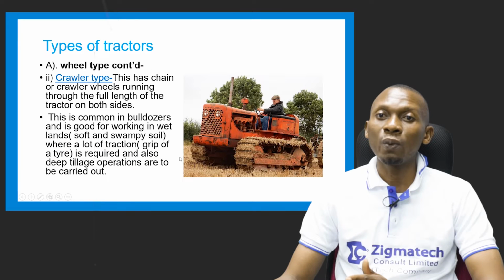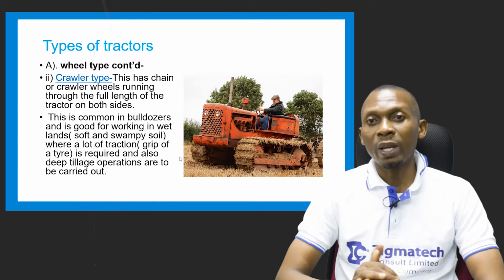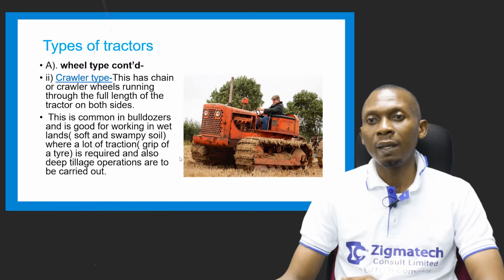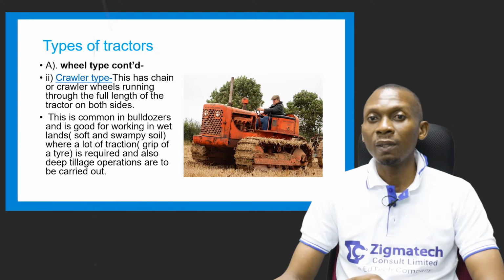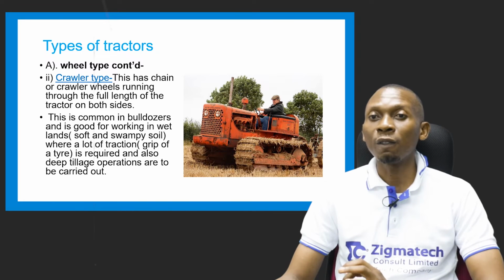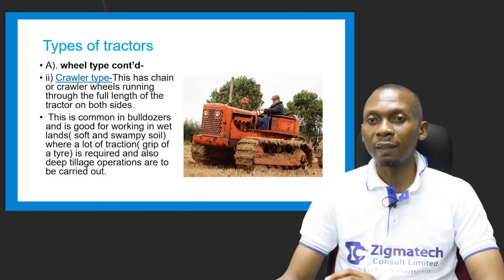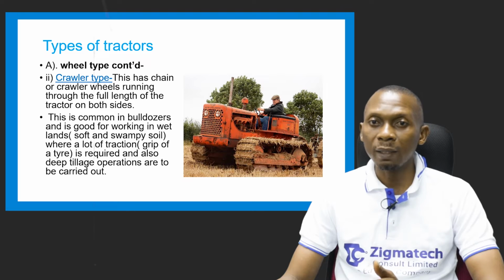The second type of wheel type of tractor we have is called the crawler type. Now this has chains or crawler wheels that are running from the full length of the tractor on both sides. So when I'm giving this description, you take a look at the picture, it helps you to understand better.